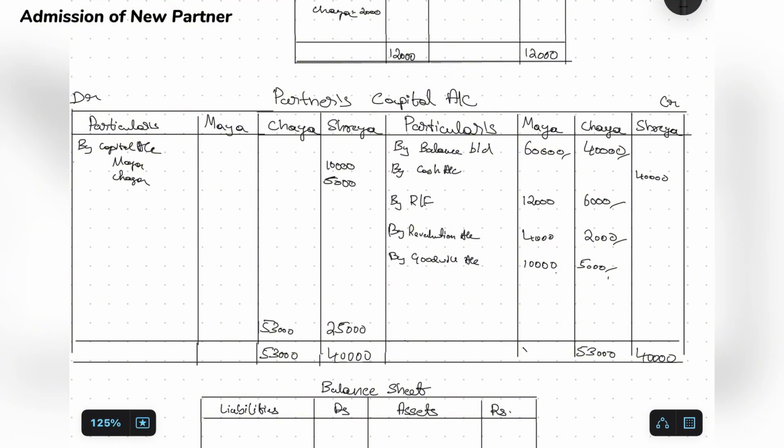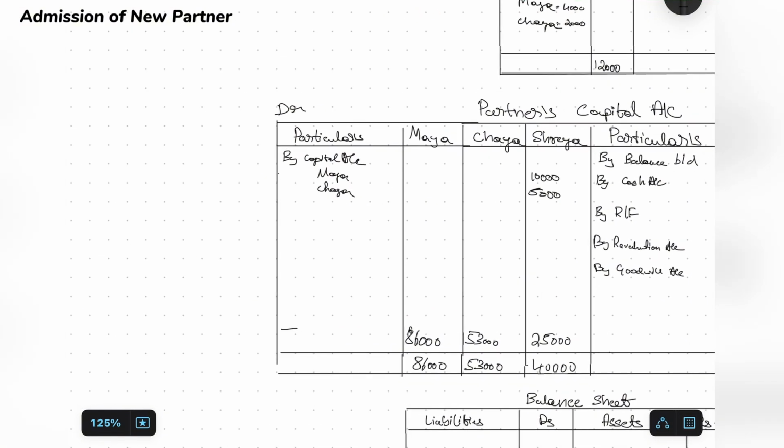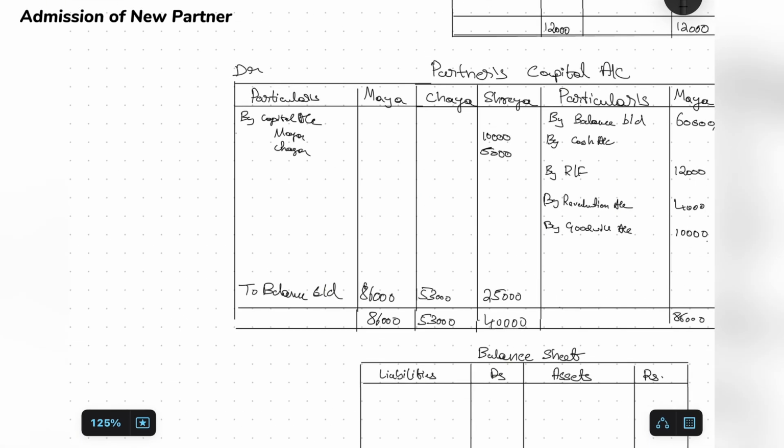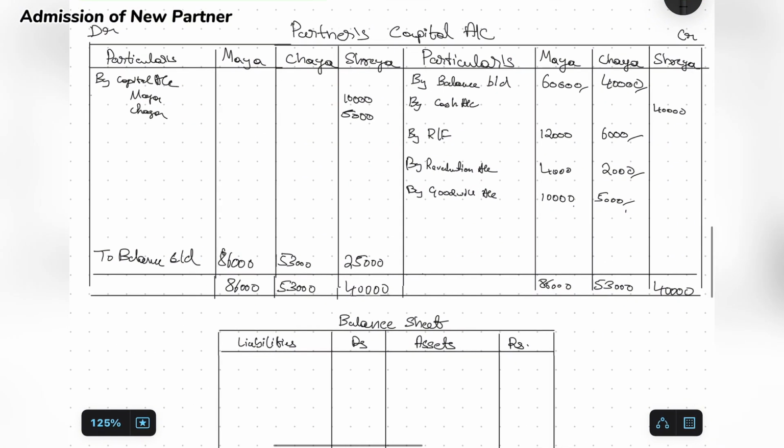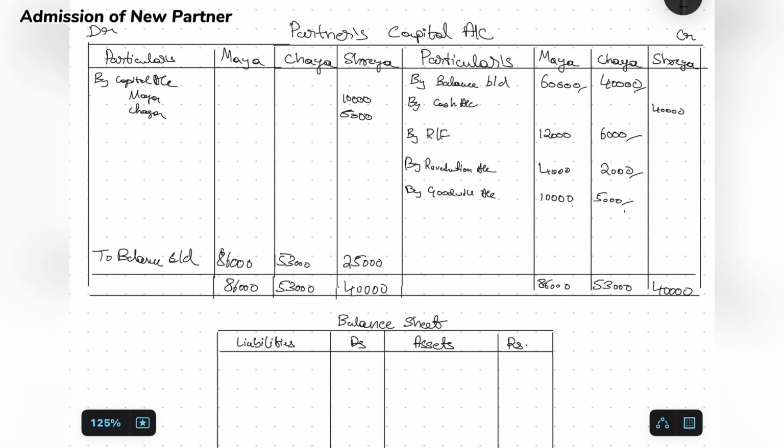So she's getting 86,000. I'll take the balance as 86,000. So the balances carried on are 86,000, 53,000 and 25,000. So here your partners' capital account is completed.